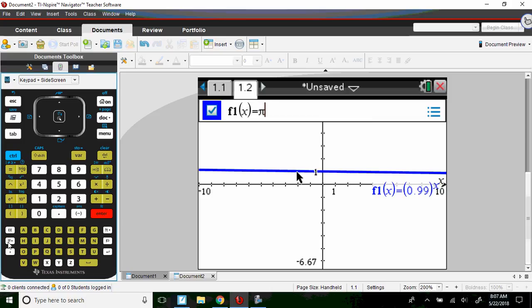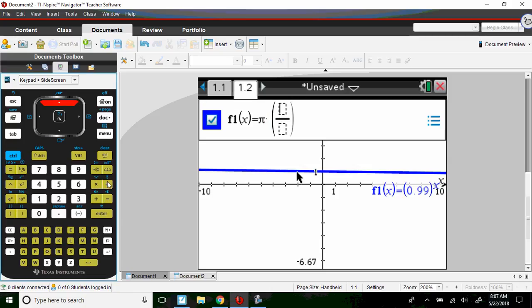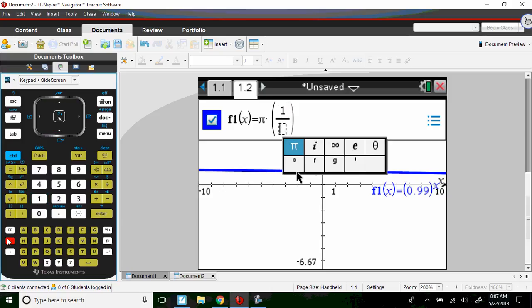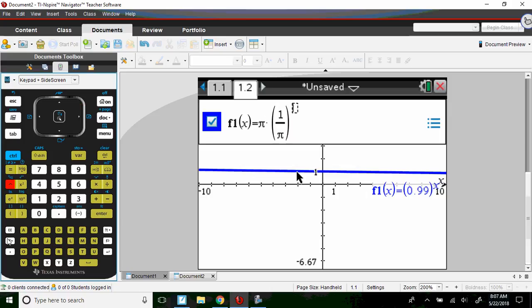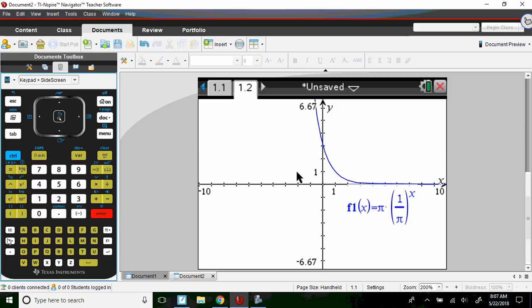So we have pi times the quantity 1 divided by pi. Notice I'm using pi off the pi button. And I'm raising the quantity of 1 over pi, which is a fraction equivalent to like 0.3, give or take, to the x power. And hey, look at that. It's exponential decay.